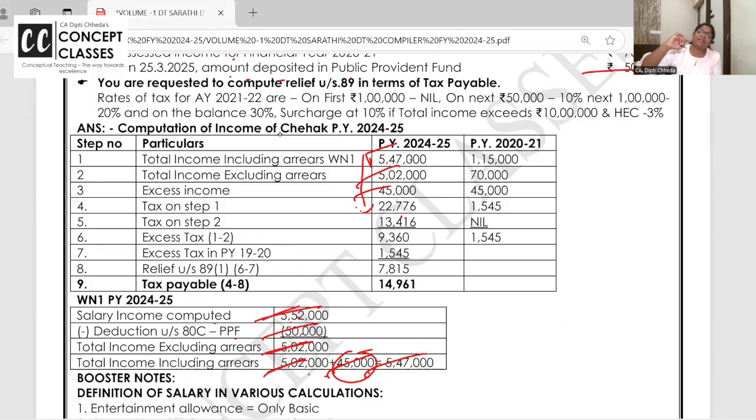If it is earlier years, health and education cess was 3%. They'll give you the tax rates. So this is tax on 547. This is tax without arrears. How much extra tax am I burdened with because I received old arrears now? 9360. Okay.